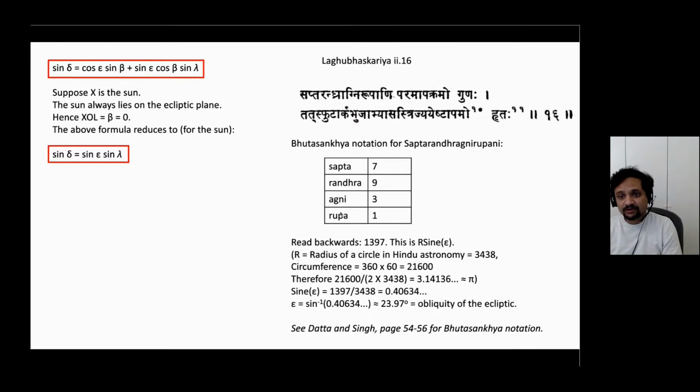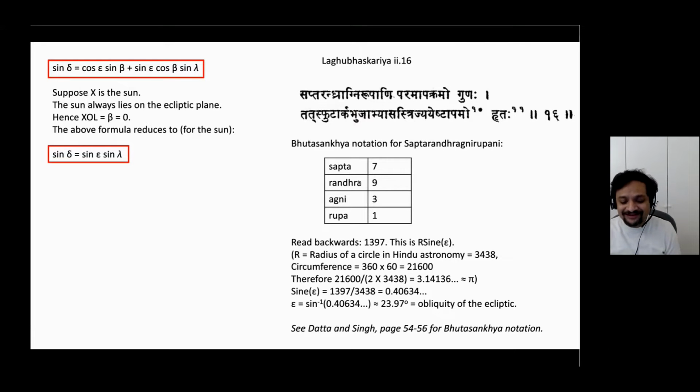For example, the number one is expressed by certain words, the number two is expressed by certain words, and so on. In this case, one of the words for expressing the number 9 is the word Randhra.